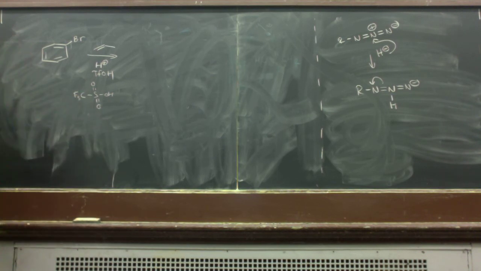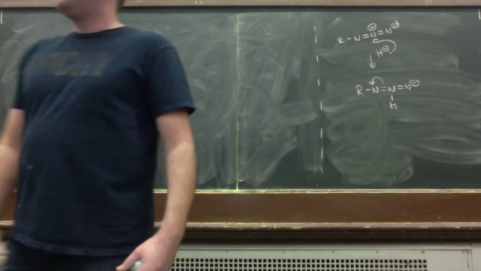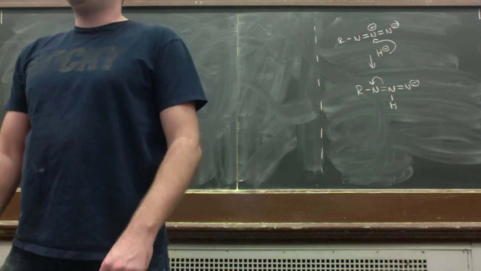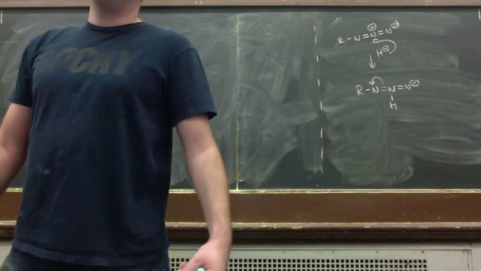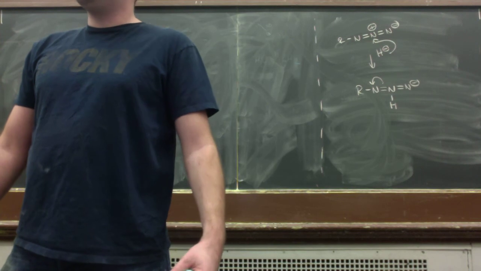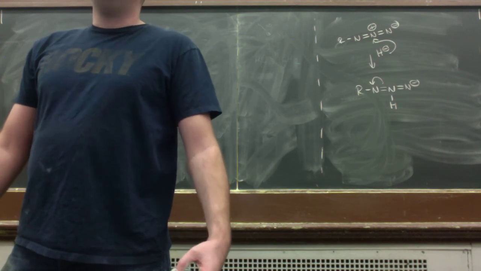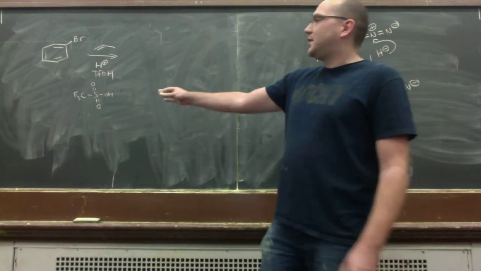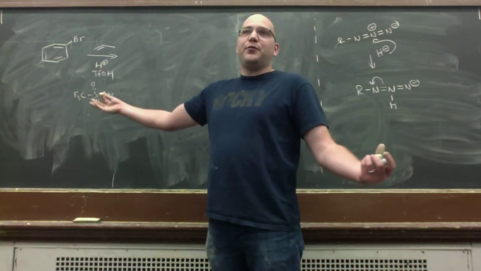Triflic acid's got a pKa of like minus 14, negative 12. Corrected. Point is, it's a super acid. You don't get much more acidic than triflic acid. So the question with triflic acid is, it's going to do really good stuff. So what was your question?